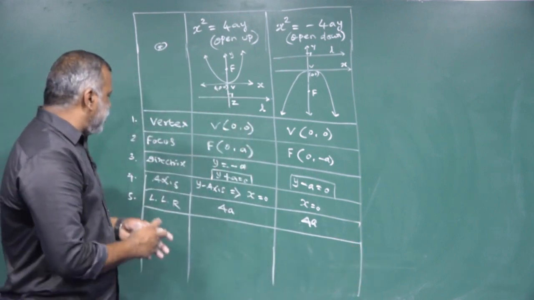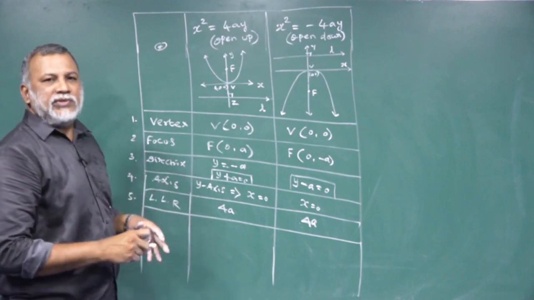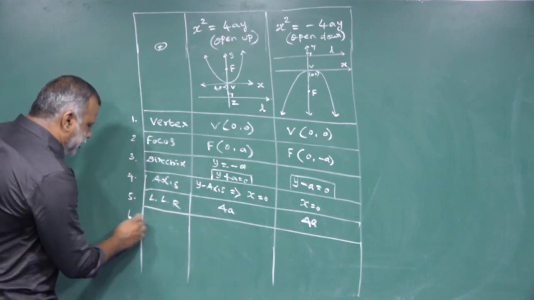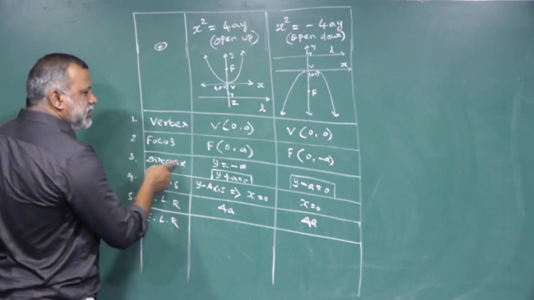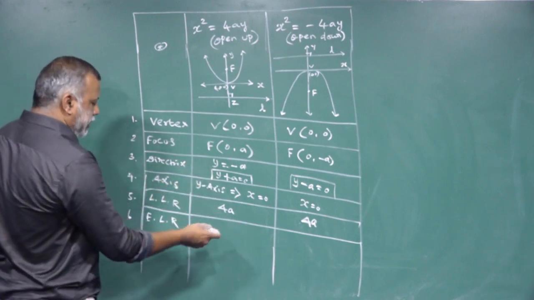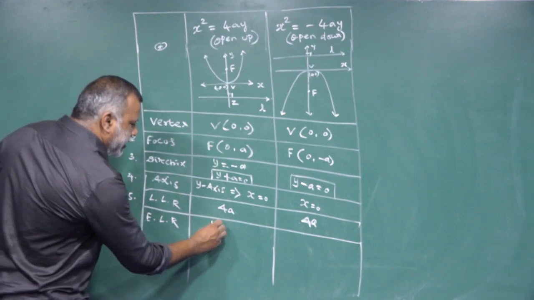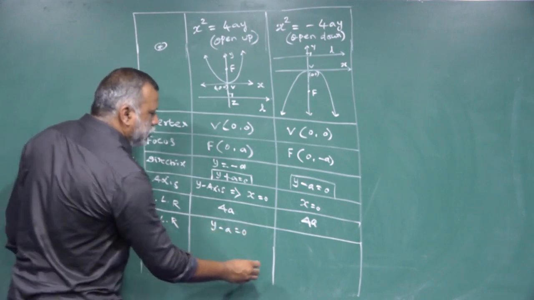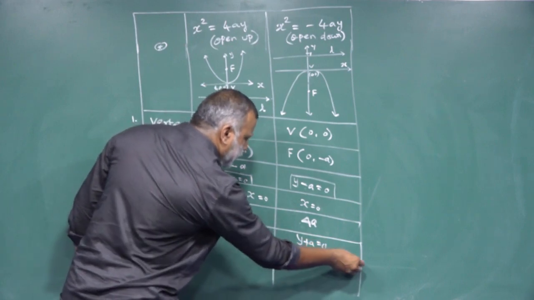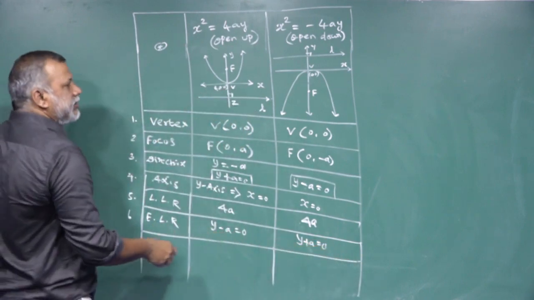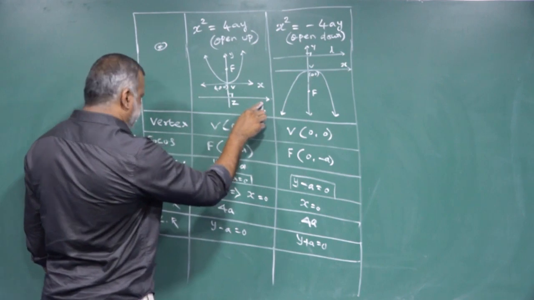Now, another concept, equation of the latus rectum. I already explained, compare with the directrix, then change the symbol. Here y - a = 0, see here y - a, here y + a = 0. The reason already explained. See, this is the directrix.